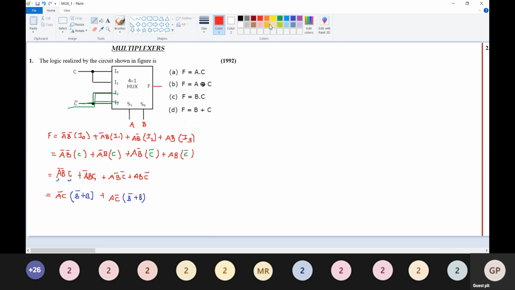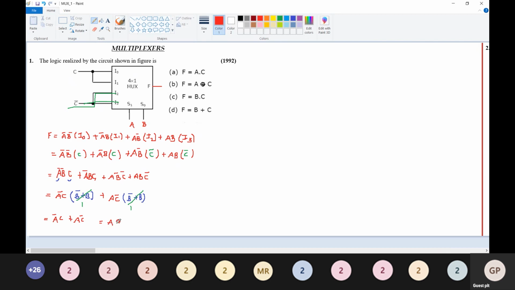So this can be further written as A dash C plus A C dash, which can be written as A XOR C.